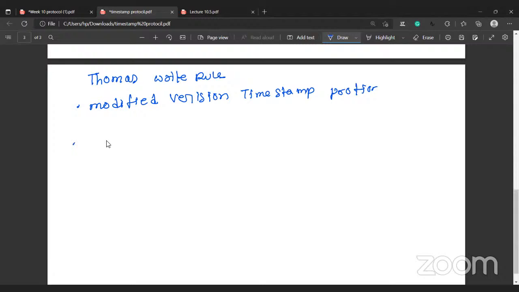In the timestamp protocol, if it is satisfied, all schedules will be conflict serializable. But in the Thomas write rule, all will be view serializable, right?